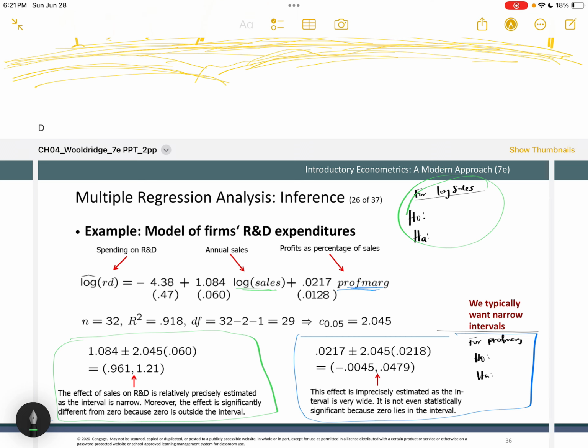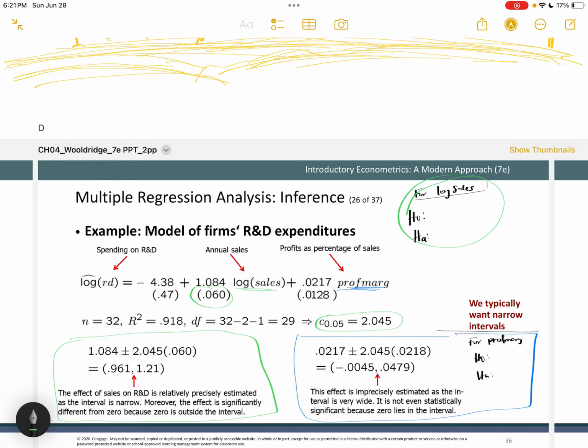Okay, so annual sales. We are constructing a 95% confidence interval. How do I know? I know because the critical value shows that there is a 5% significance level there, and the critical value we found is 2.045.